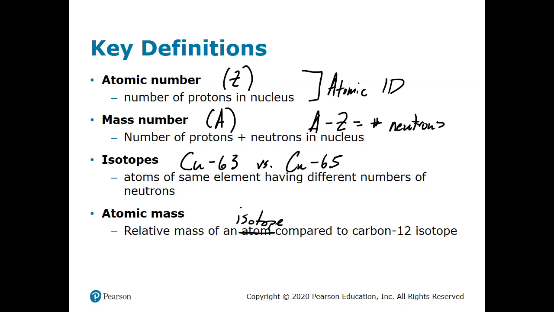Carbon-12 has 6 protons, 6 neutrons, and a mass of exactly 12. Every other mass for every other isotope that we know of is measured relative to that mass right there.